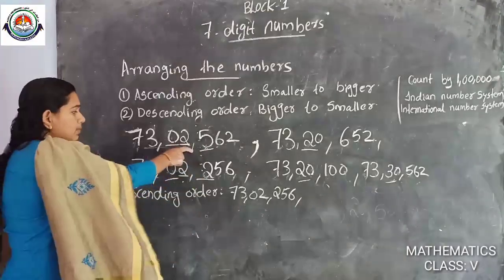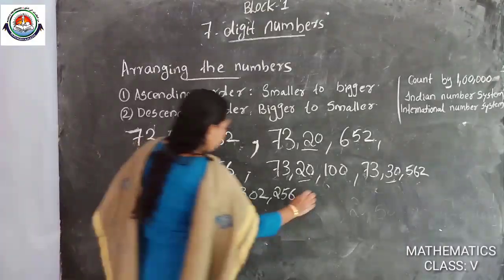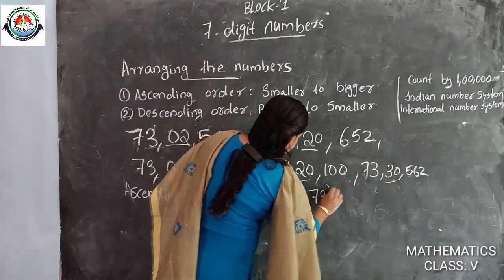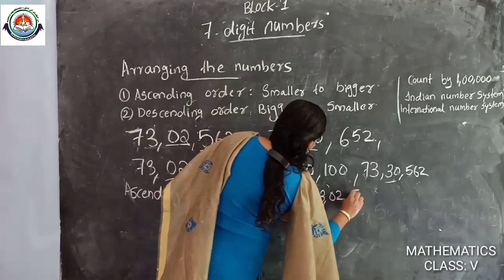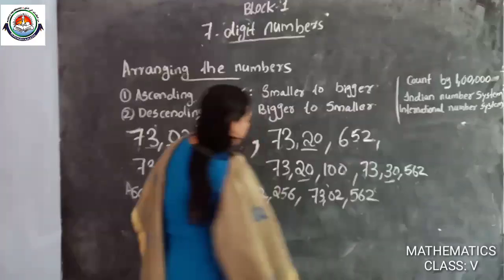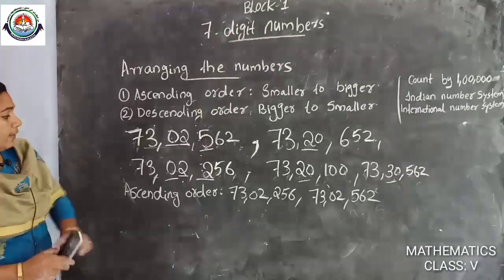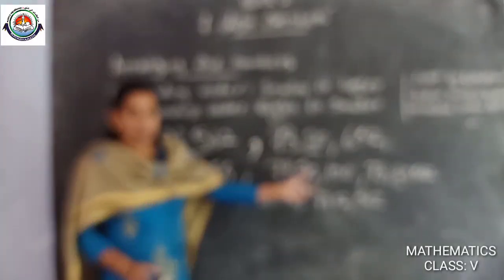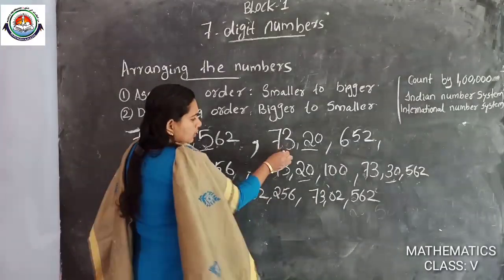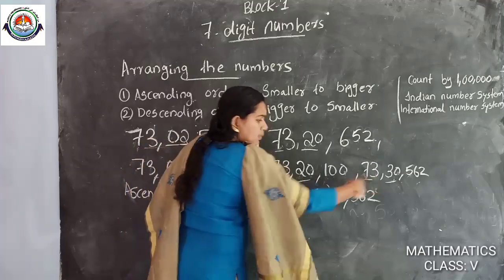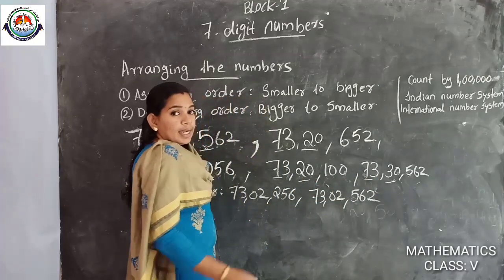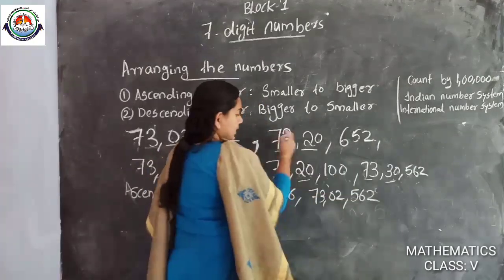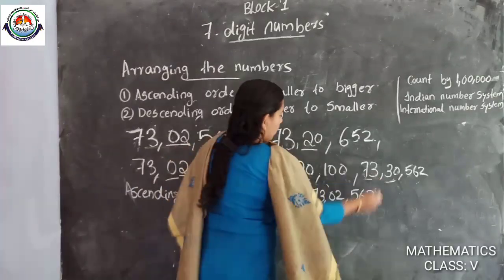Okay, the next smallest number is 73 lakh 2,562. Then we will consider these 3 numbers. From this, we already checked the highest place is 7 and the next place 3 is common.